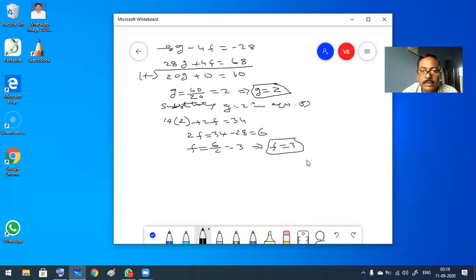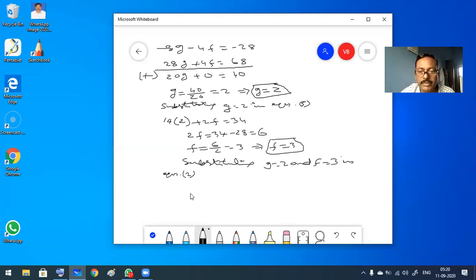Okay. So for getting the c value, we're substituting the g and f values in equation 2. Substituting g is equal to 2 and f is equal to 3 in equation 2.